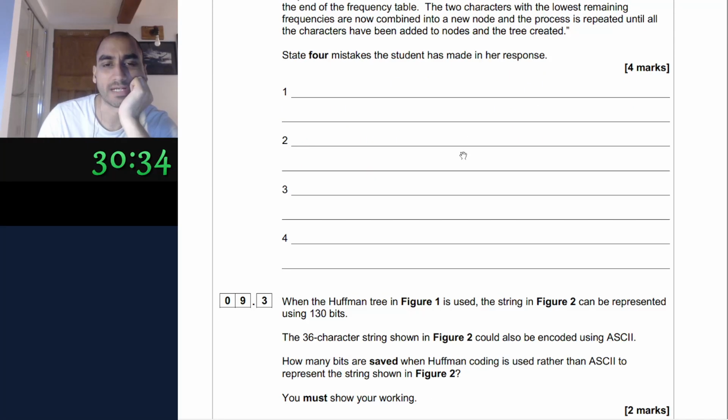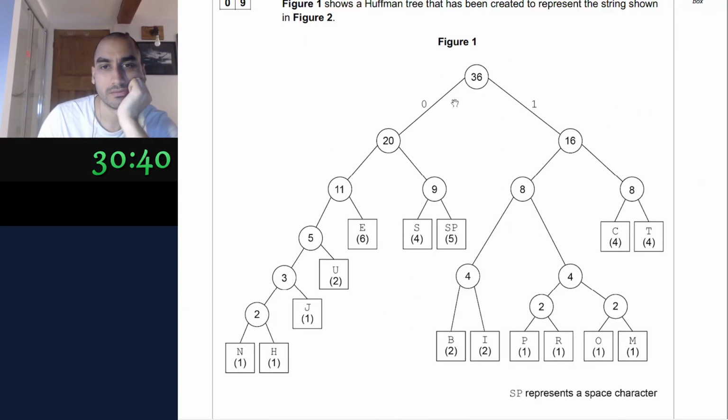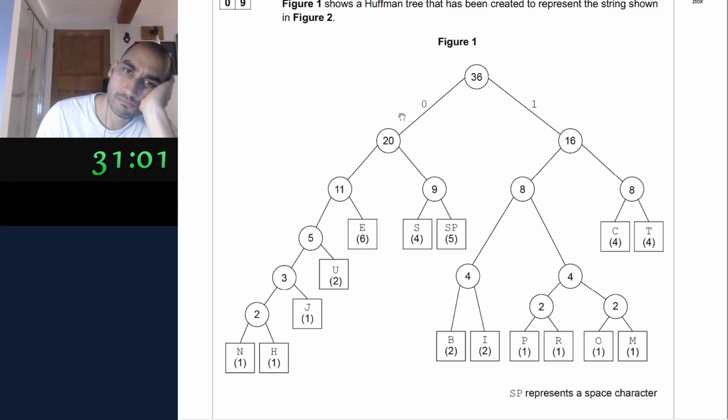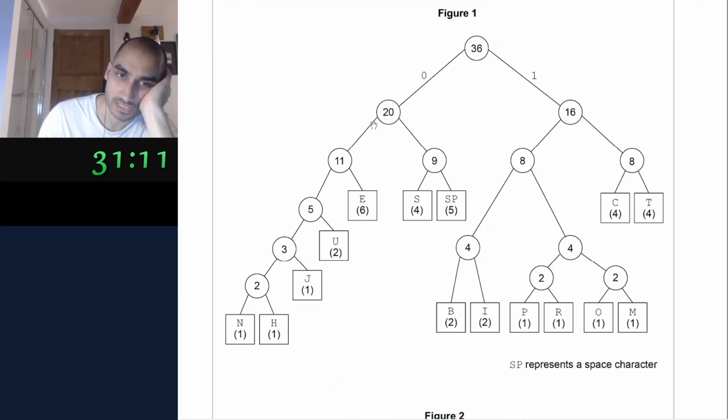Okay, I don't remember how you make a Huffman tree. You choose the first split to make it as even as possible, don't you? So there's 20 on the left and 16 on the right. I can't remember how you design your tree. I would think you want as even a split as possible each time.